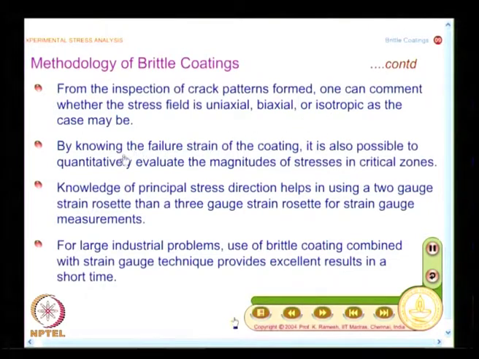And by knowing the failure strain of the coating, it is also possible to quantitatively evaluate the magnitudes of stresses in critical zones. See, this is a possibility, but whether we want to use it, as an experimentalist you have to take a local decision based on your requirement and time availability.